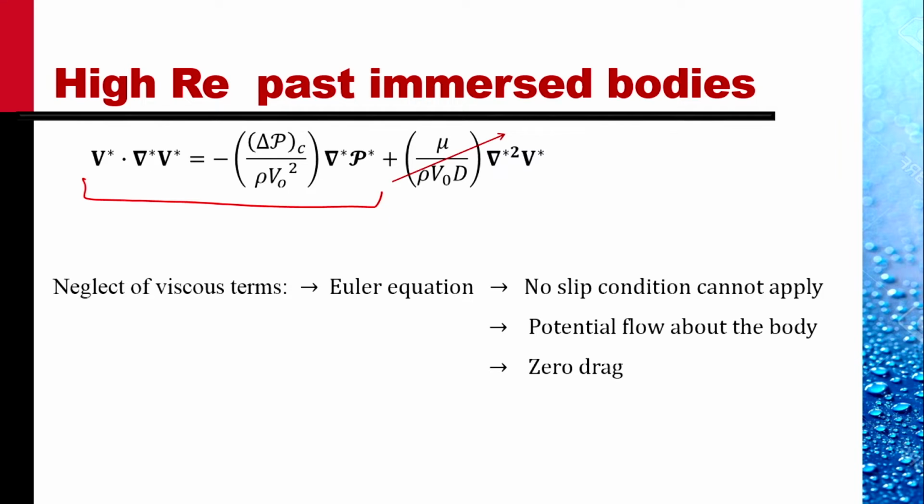It results in what is known as the potential flow about the body. And as you studied in a course in fluid mechanics, this results in identically zero drag on any body within the fluid.